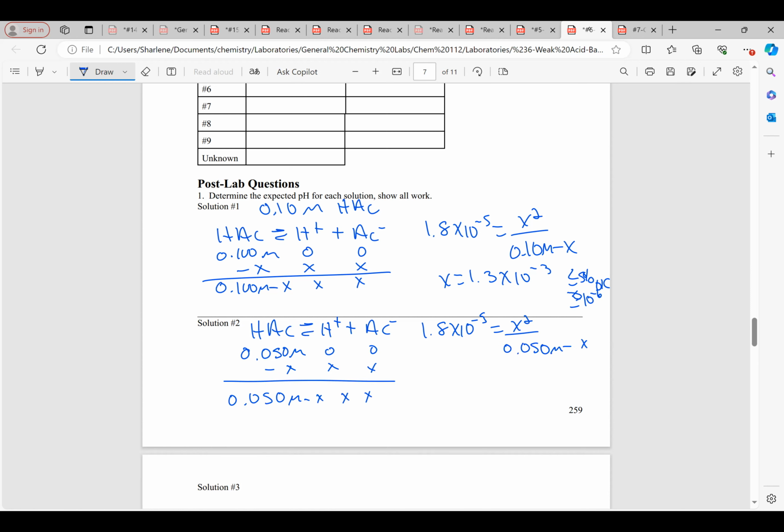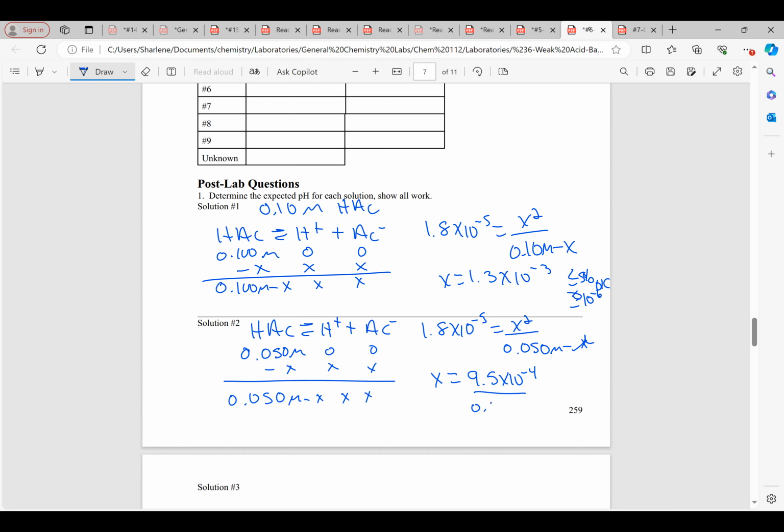So going to do the exact same thing, going to ignore the X, going to check it. So X is 9.5 times 10 to the minus fourth. Going to check that.